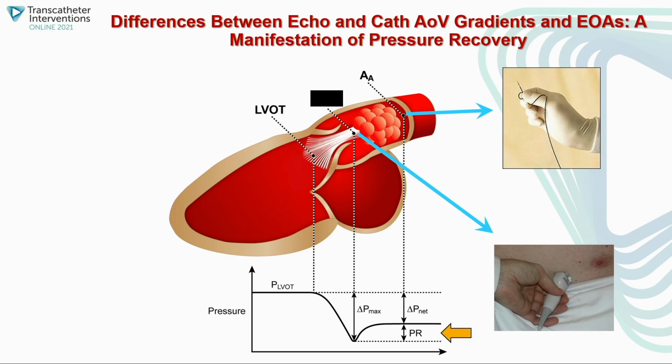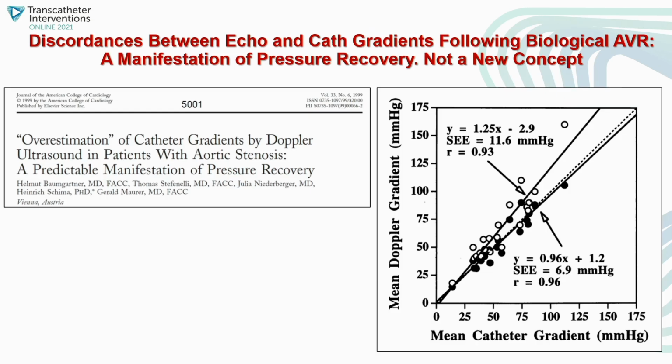And this is the main message today: Doppler echo and catheter do not measure the same thing. Doppler echo does not account for the pressure recovery, whereas catheter does. And this is not a new concept. I mean, there are many studies showing the difference between cath and echo.